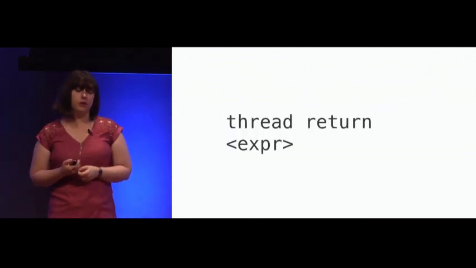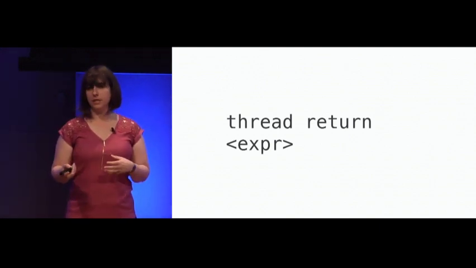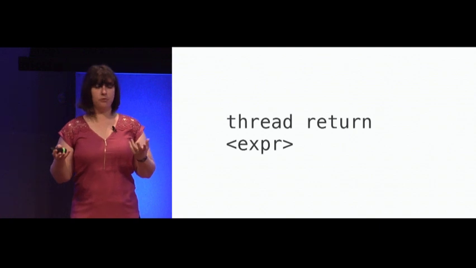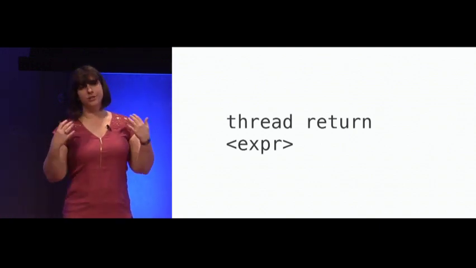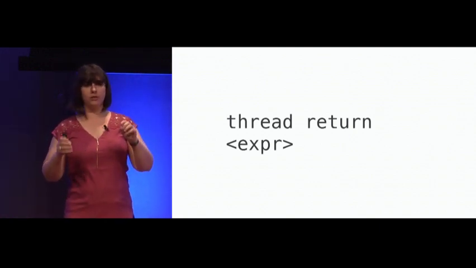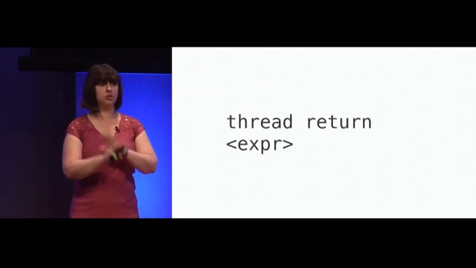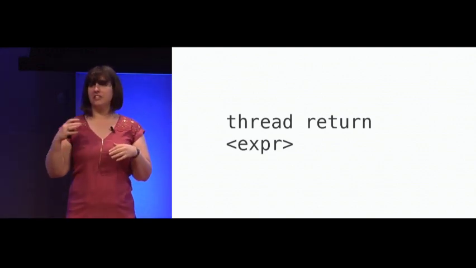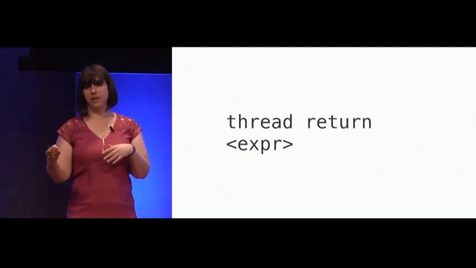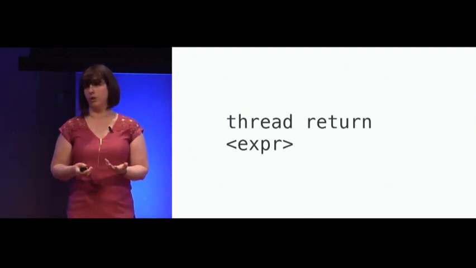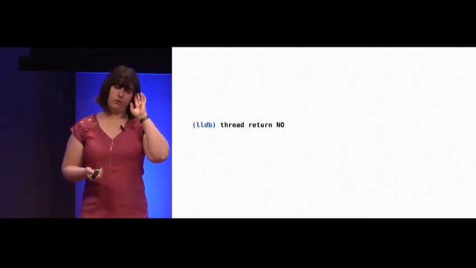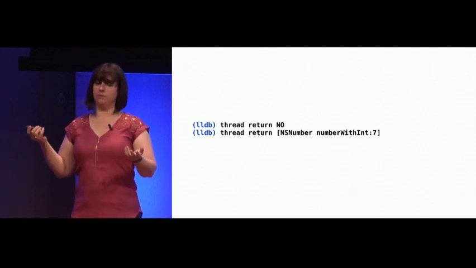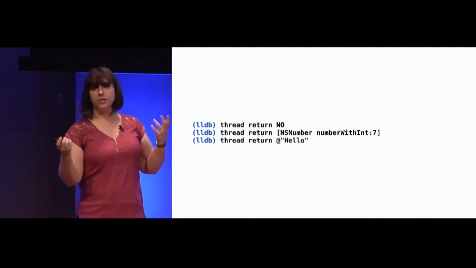You can also return early from a thread. So if you're debugging something and you have a method call and you're like, well, I only care that this method returns a certain value, as long as you're in that method, you can run thread return and then something, and it'll just return it for you. So you can actually skip over the execution of your method if you already know what state you're looking for. So you can do like thread return null, thread return and a number with int, thread return string.